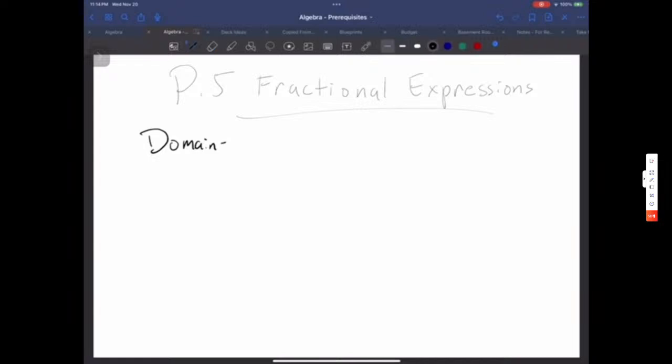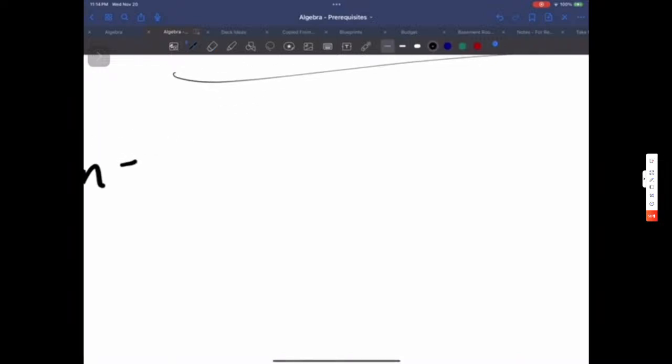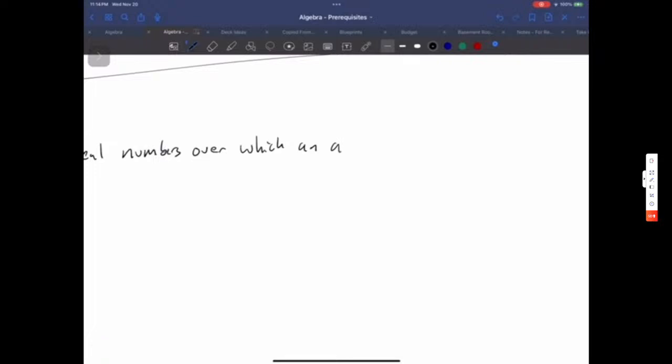That is going to be the set of real numbers over which an expression, I guess it's an A, is defined.